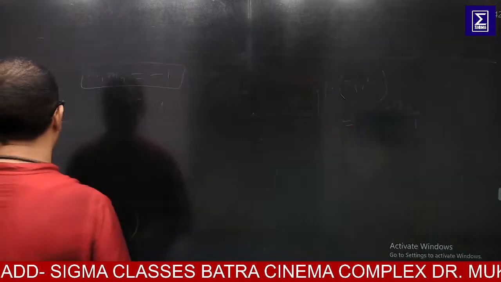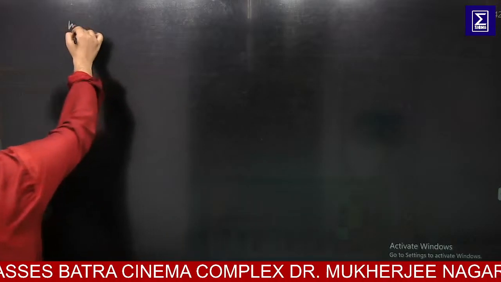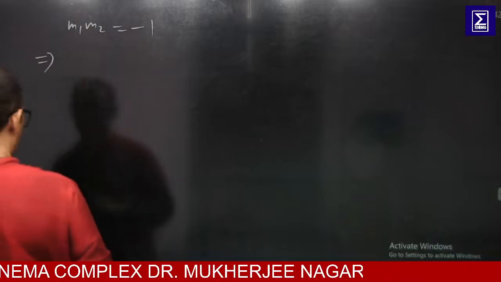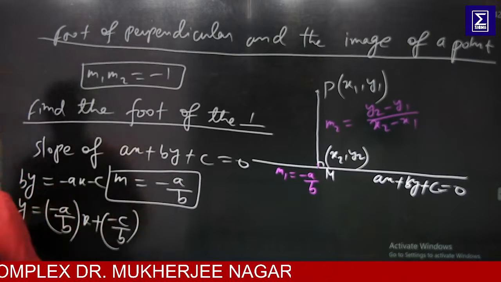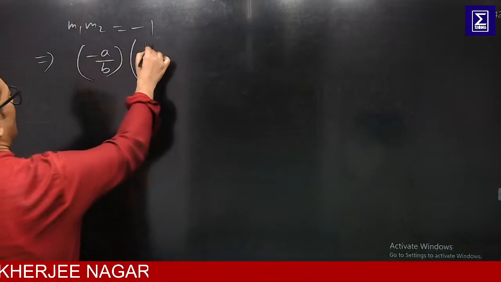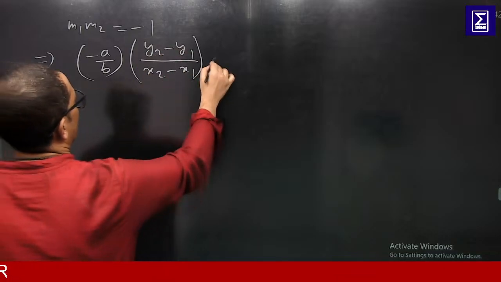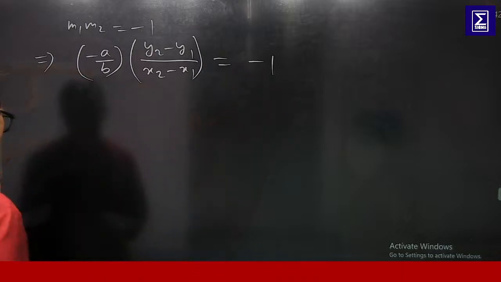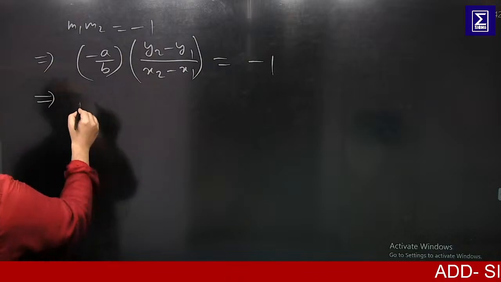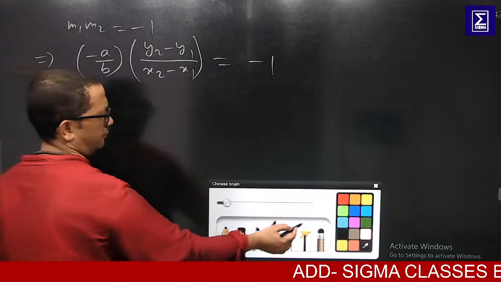Now we have to make a relation m1 m2 is equal to minus 1. So m1 is nothing but minus a over b. So minus a over b times y2 minus y1 upon x2 minus x1 is equal to minus 1. So minus and minus got cancelled both sides.